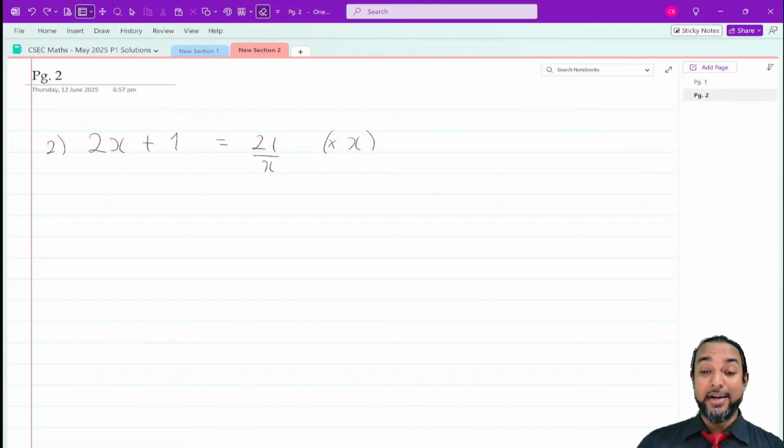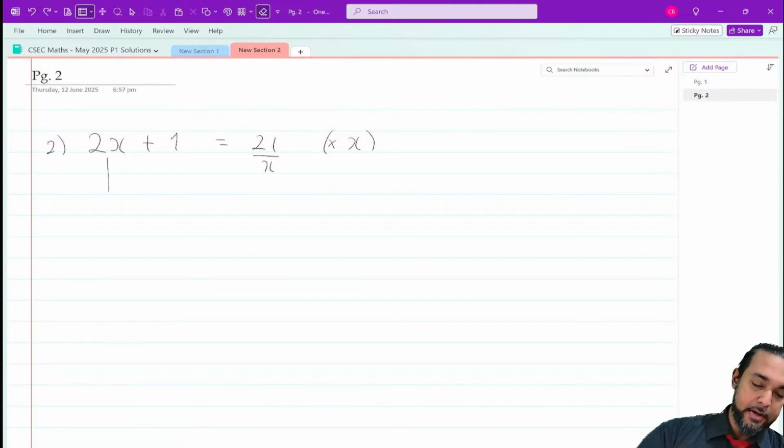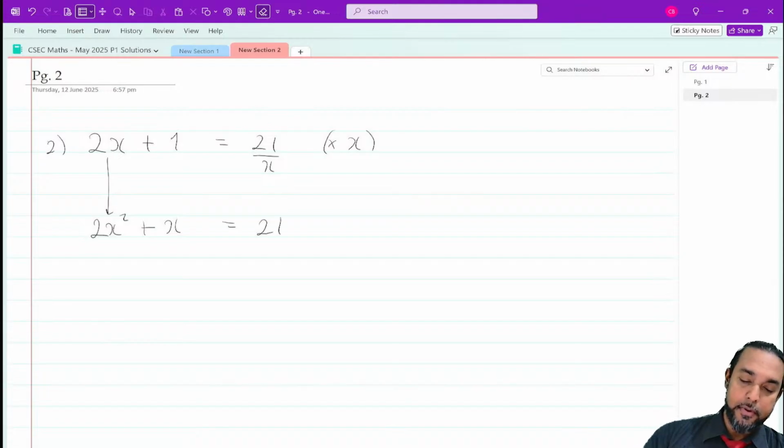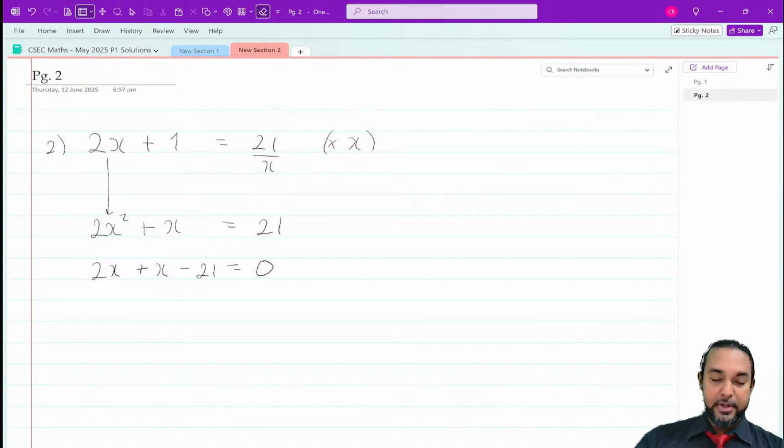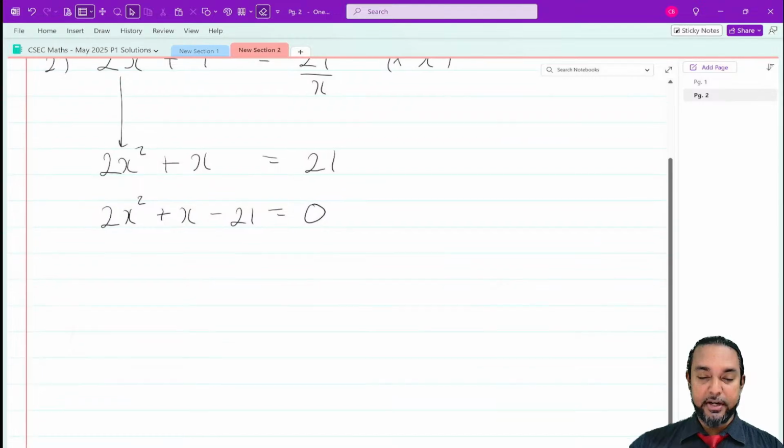Right? And you have to multiply everything by x. So of course, 2x by x will give us 2x squared. 1 by x is just going to give us x. And 21 over x multiplied by x will give us 21. And then what we do from there is we subtract 21. So you bring it across and change the sign, or as I prefer to say, you'll have to subtract it from both sides. Right? And now we have a regular old quadratic.